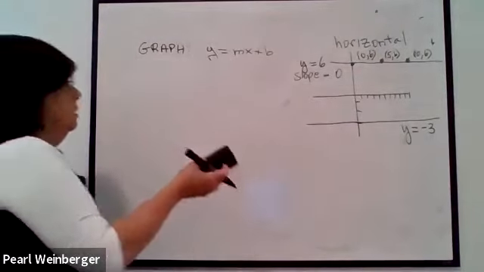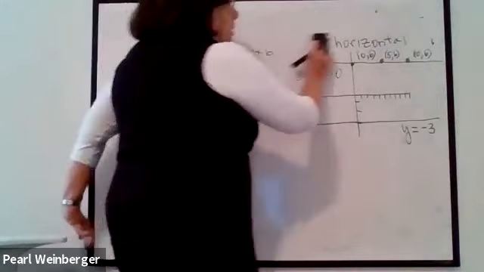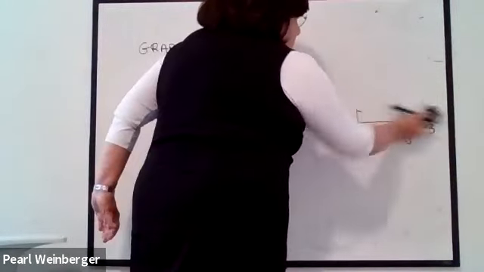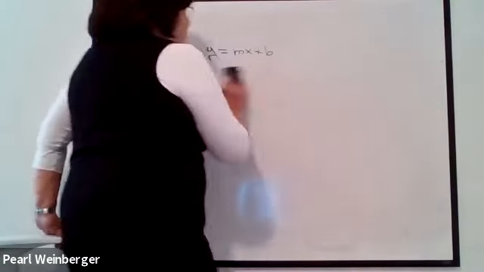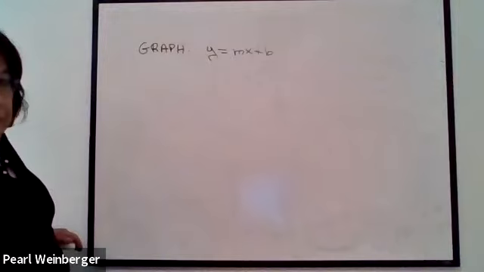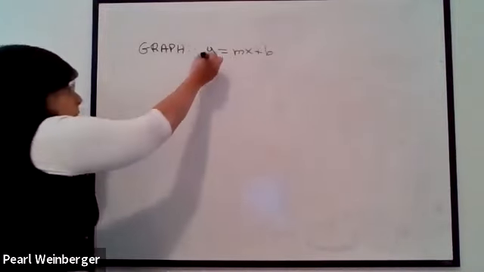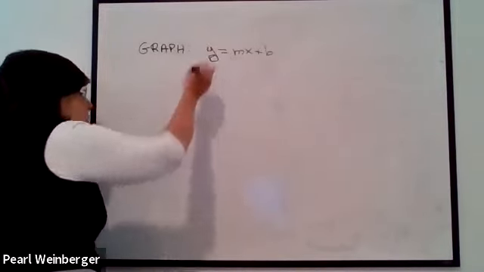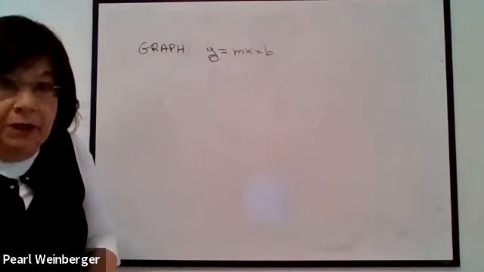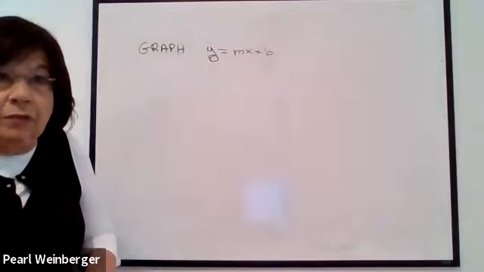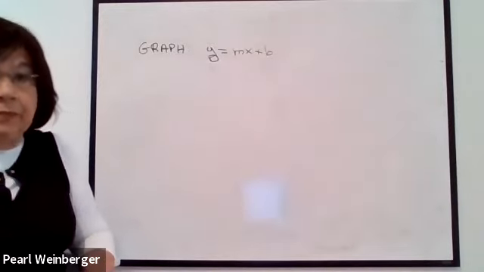Mostly, we're going to talk about slanted lines, lines that have a y equals mx plus b equation. And we will keep in mind that the slope gives us an idea of how the line is slanted.